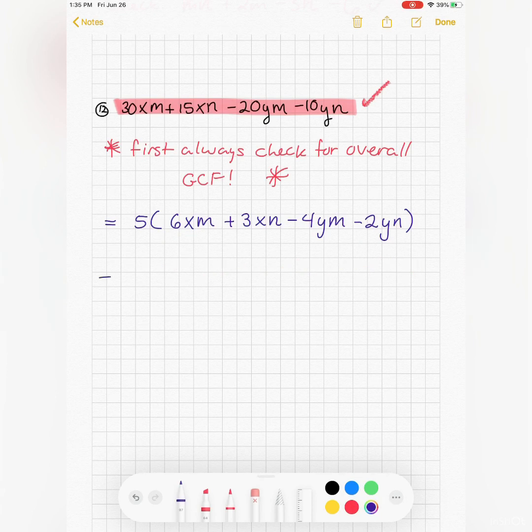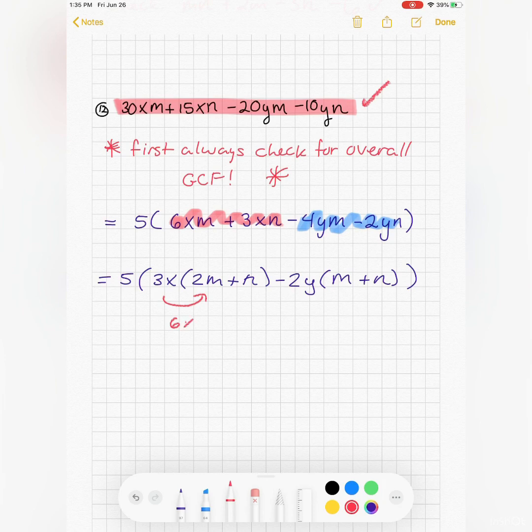Okay, so then I'm going to look at my groups. First group and second group. Okay, from that red group, looks like I can take out a 3x. So that leaves me with a 2m plus an n. From the blue group, I can take out a negative 2y. That leaves me with an m plus an n. Let me just double check that step.